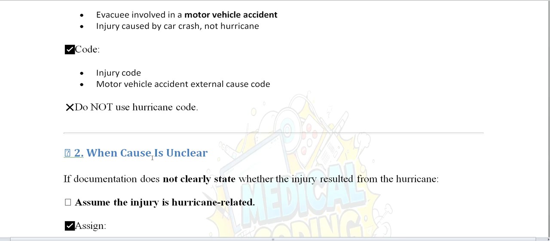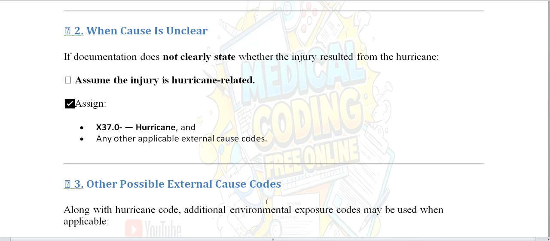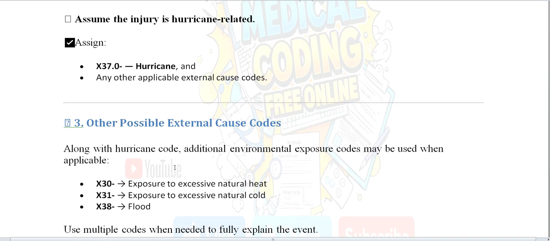When the cause is unclear: if documentation does not clearly state whether the injury resulted from the hurricane, assume the injury is hurricane related. Assign X37.0 hurricane and any other applicable external cause codes. Other possible external cause codes along with the hurricane code: additional environmental exposure codes may be used when applicable.